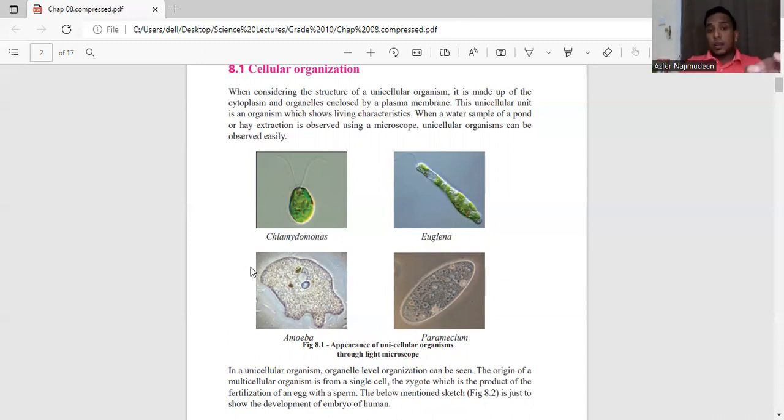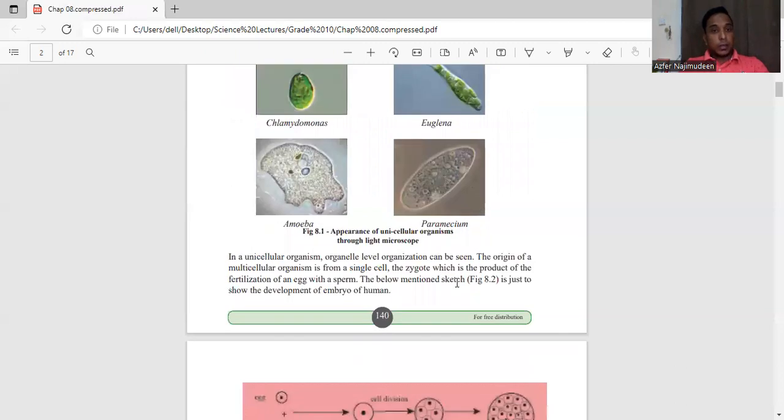So you have to understand these: Chlamydomonas, Euglena, amoeba, paramecium. These are 4 examples of unicellular organisms. Clear? Right. So let's go to the next. In a unicellular organism, organelle level organization can be seen. The origin of a multicellular organism is from a single cell.